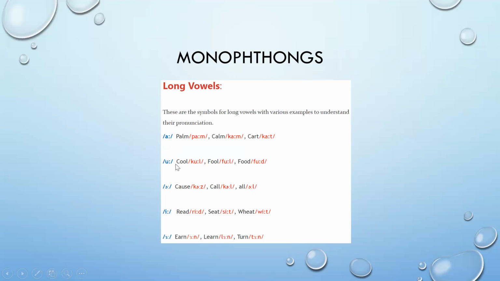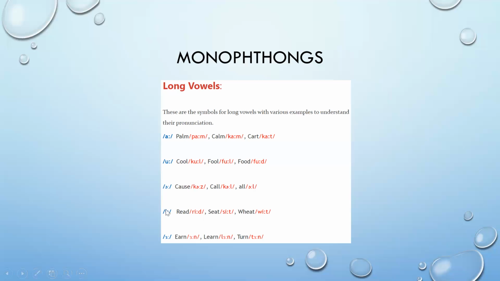The second one is oo, the longer version of the short oo sound. The third sound, any guess? We had the short o there, so here is a longer pronunciation of it. Aw as in cause, aw as in call, aw as in all, aw as in fall. These could be some examples.